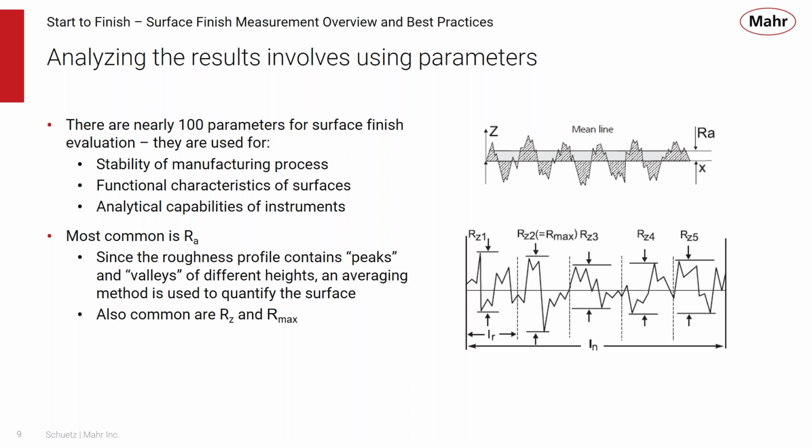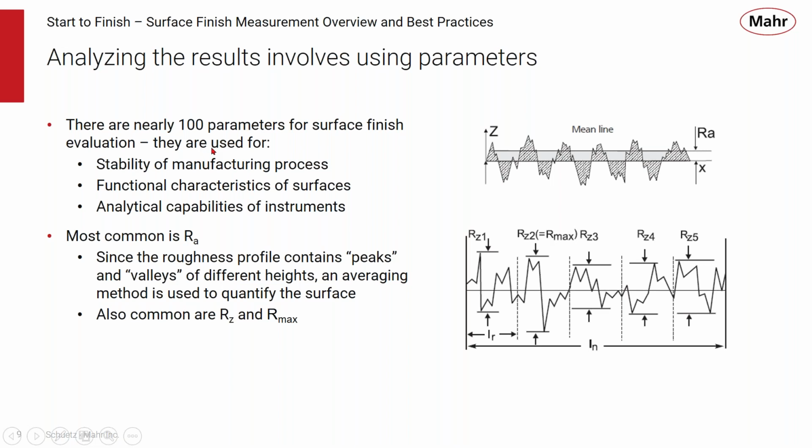Now, there are lots of ways to measure roughness, and there are nearly 100 different parameters for surface finish evaluation. They can be used for some very basic information about the surface, but by using different parameters, we can talk about the stability of the manufacturing process, the functional characteristics of the surface, and the analytical capabilities of instruments to help understand what that surface can do for us.